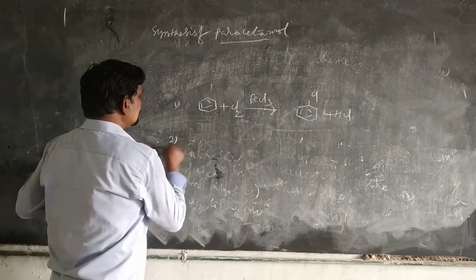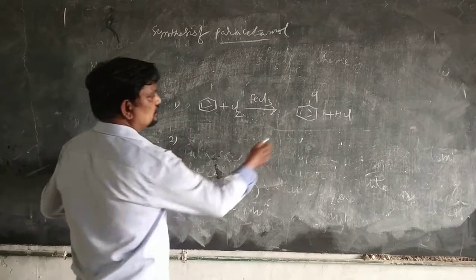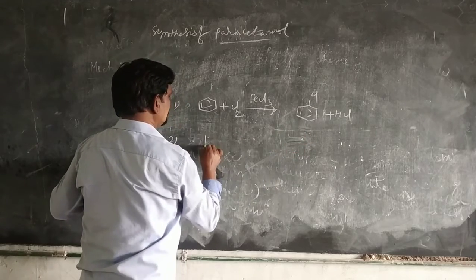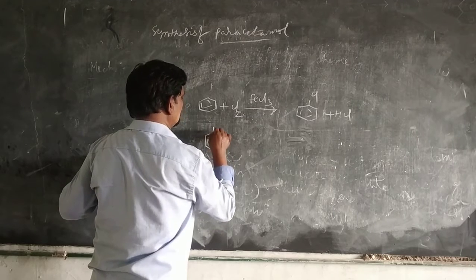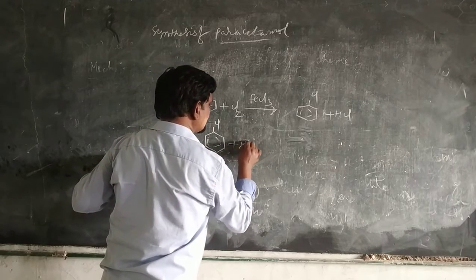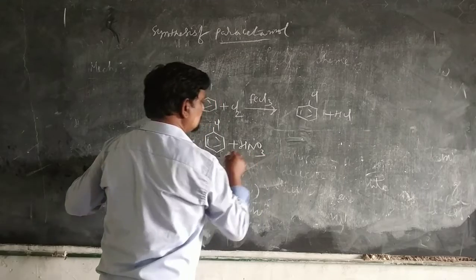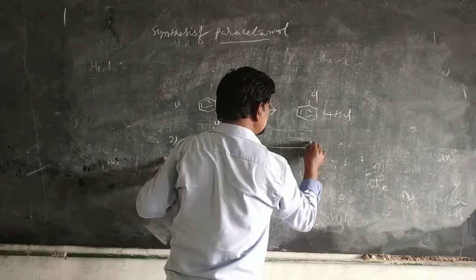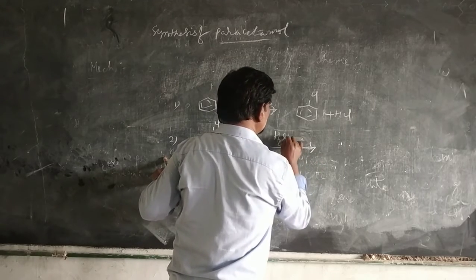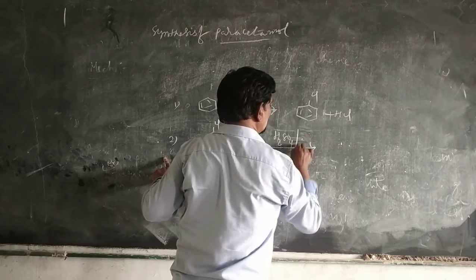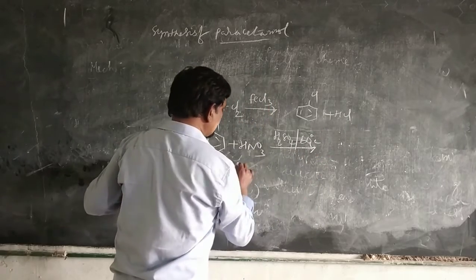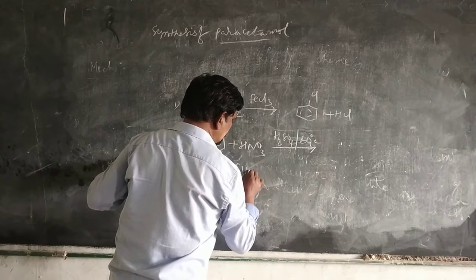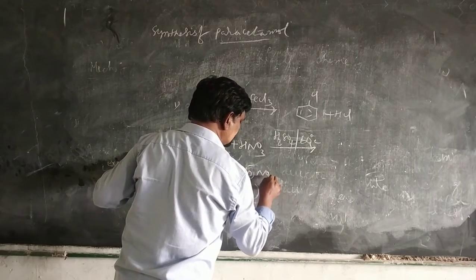In another conversion step, chlorobenzene is treated with nitric acid in the presence of sulfuric acid, with the temperature maintained below 60 degrees. Nitric acid ionizes into OH minus and NO2 plus.